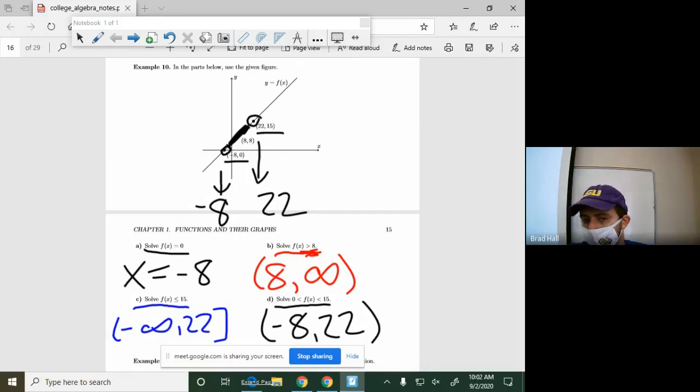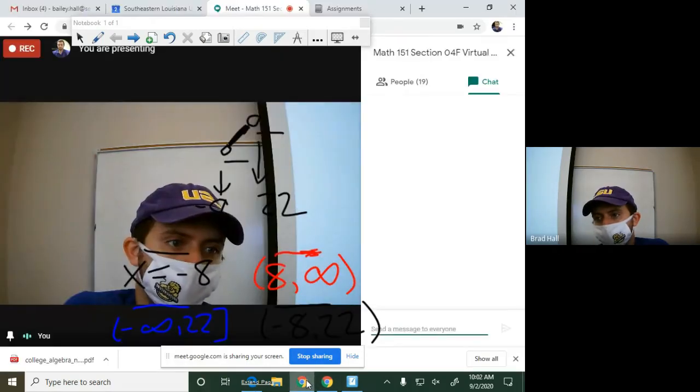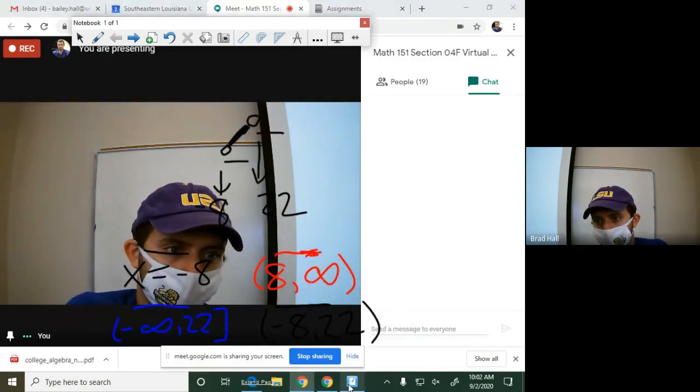So again, they're a bit tedious, but there's nothing computational to them. It's just identification. Does anyone have any questions about this one before I move on? Google Meet, okay.